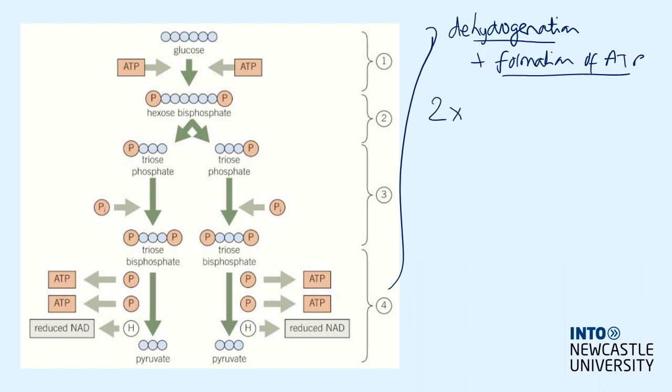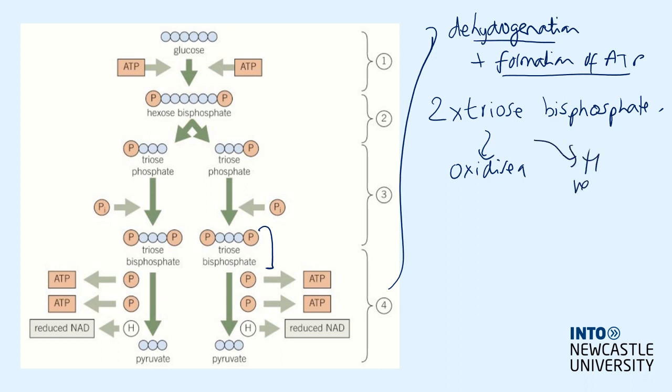We have 2 triose bisphosphates here, and each triose bisphosphate is going to be oxidized. And in the process of being oxidized, we're going to have hydrogen removed. So this is the dehydrogenation.